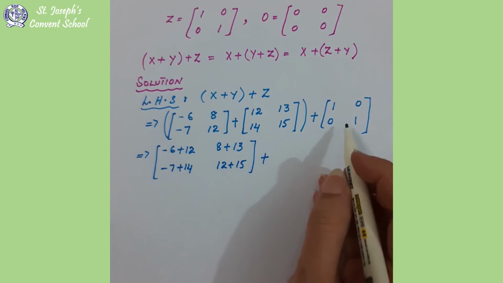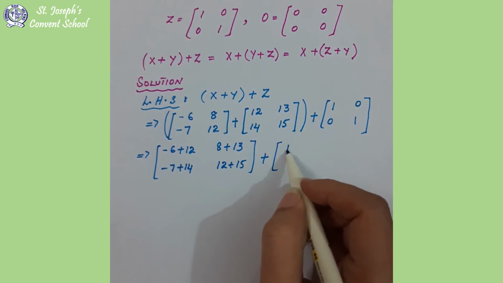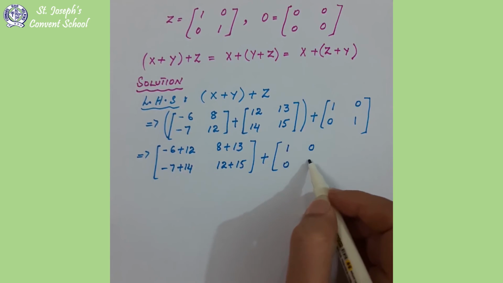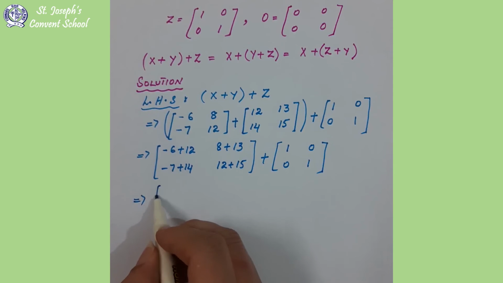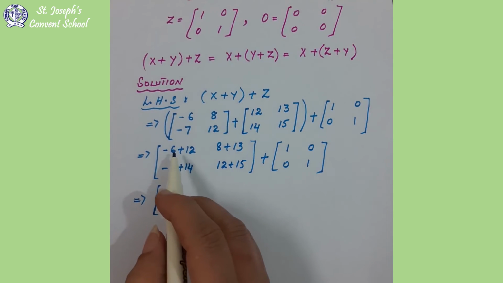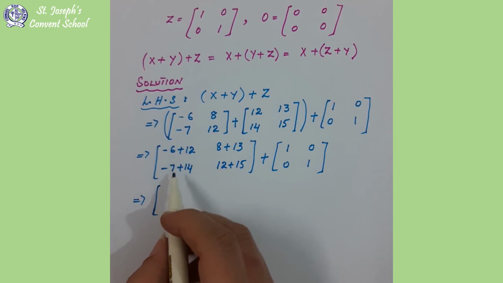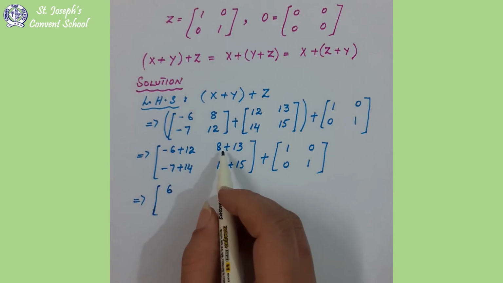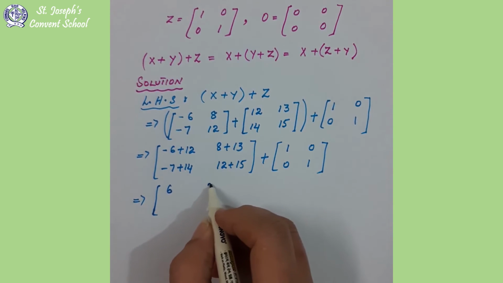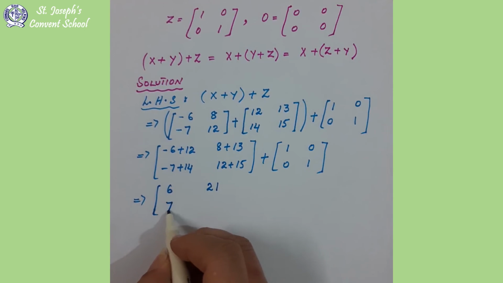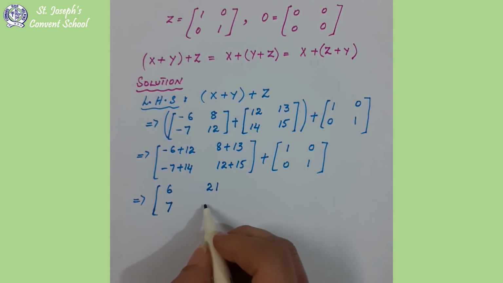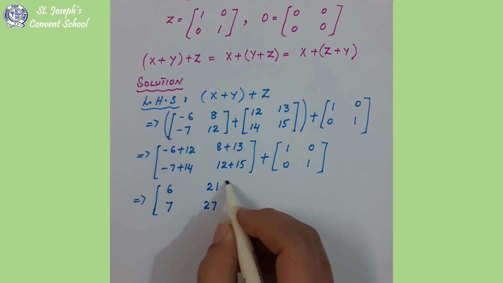Then plus this matrix 1, 0, 0, 1. Okay, first we'll solve this. -6 plus 12 is 6, 8 plus 13 is 21, -7 plus 14 is 7, 12 plus 15 is 27.